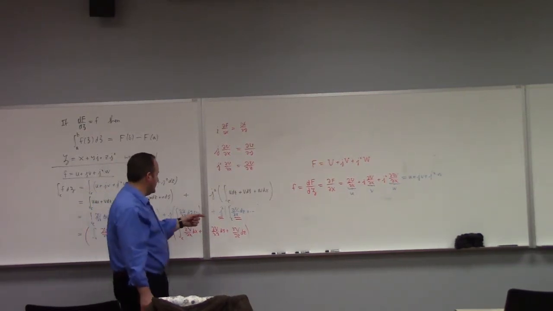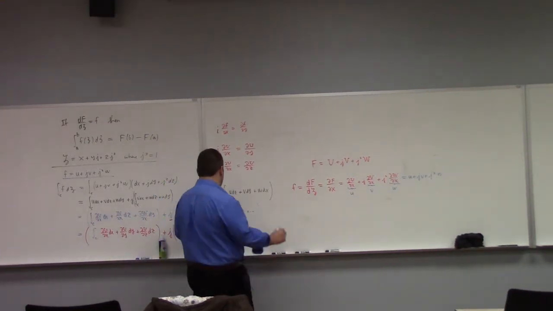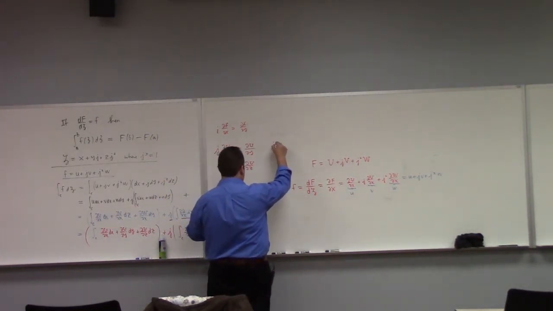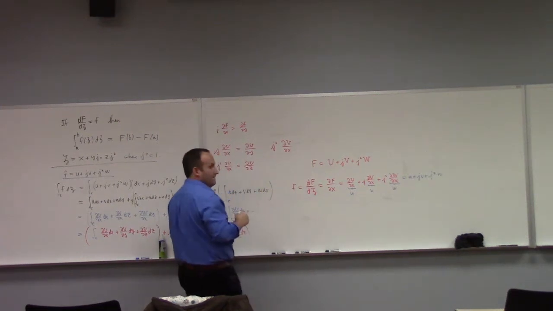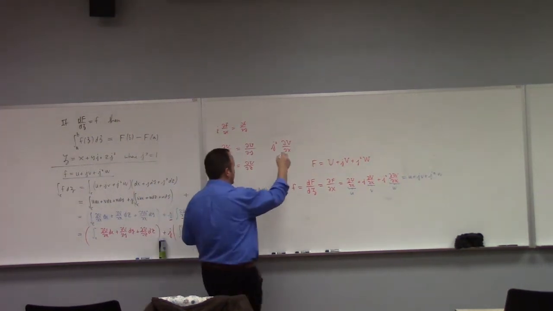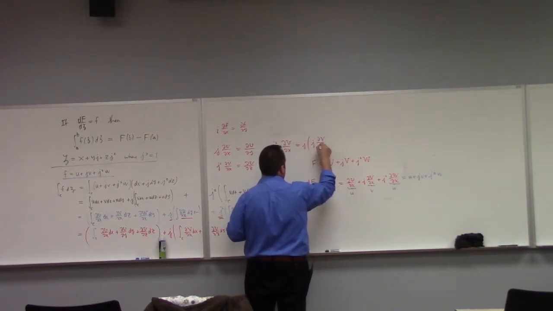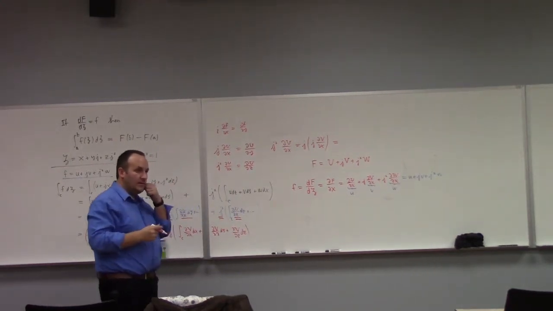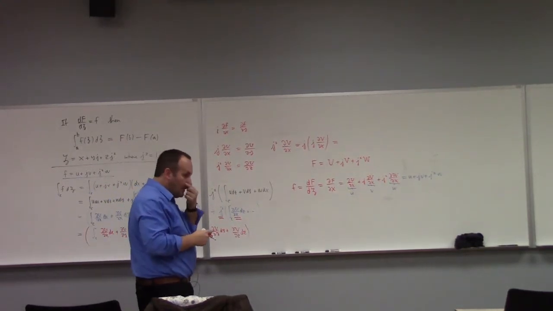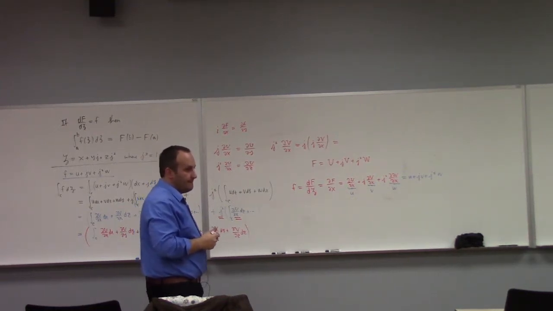So we have j squared partial v partial x, and we want to convert that to j times j partial v partial x, which is partial v partial y.